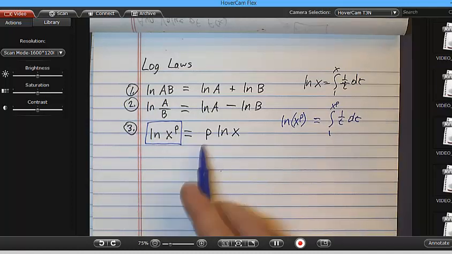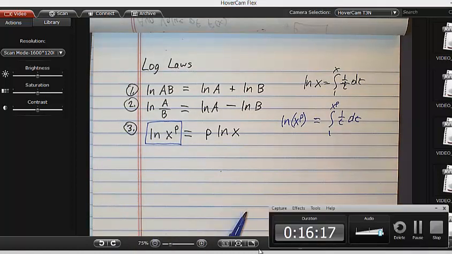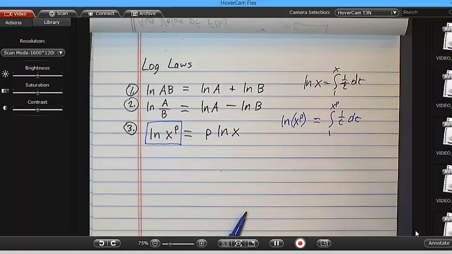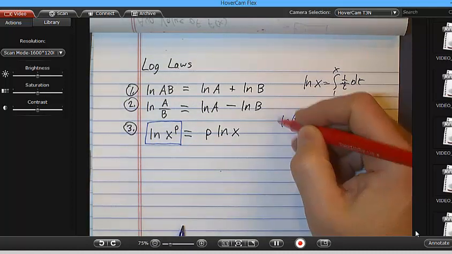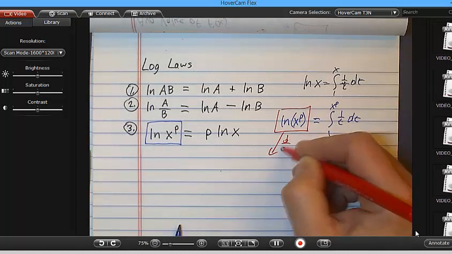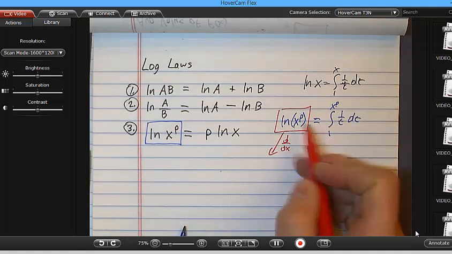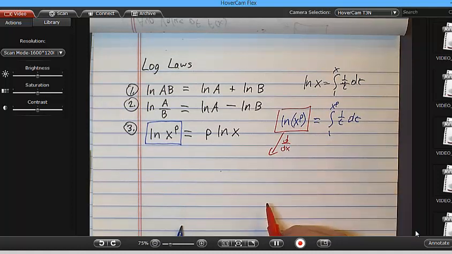But how am I going to get that that's the formula? I'd like to take the derivative of both sides of the equation. That's my hunch on what to do, because I think you guys last class learned how to take the derivative of this side. The derivative with respect to x of this side, well, my u here is x to the p power.